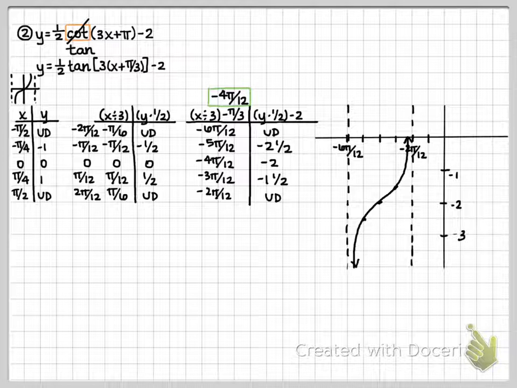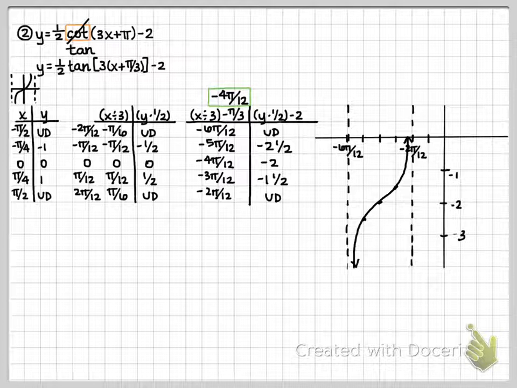Well, whenever I want to graph a reciprocal function for tangent, I normally like to have 2 periods of tangent in front of me. So what I'm going to do with this graph is go ahead and just duplicate it. I'm going to make another copy. You can either copy to the right or copy to the left. It doesn't matter.